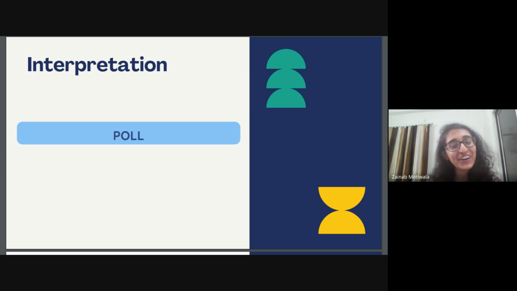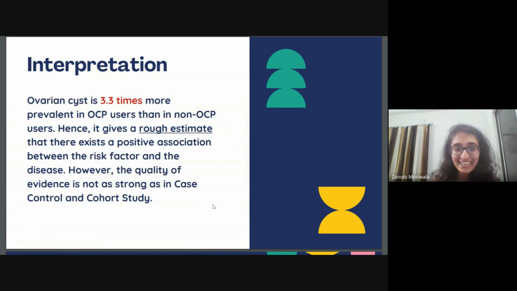Great. So most of you have chosen positive relationship, which is right. A 3.3 value signifies that ovarian cyst formation is 3.3 times more prevalent in OCP users as compared to non-OCP users, and therefore it gives us an estimate of positive association.